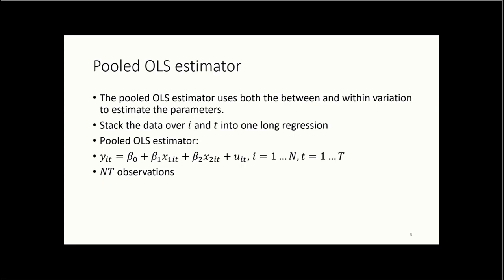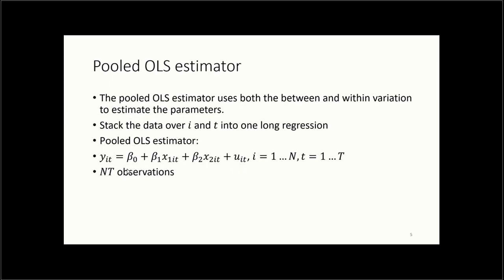The pooled OLS estimator uses both the between and within variation to estimate the parameters. What we do is we stack the data over i and t into one long regression, and we're estimating the following equation: y_it equals beta 0 plus beta 1 x1_it plus beta 2 x2_it plus u_it.